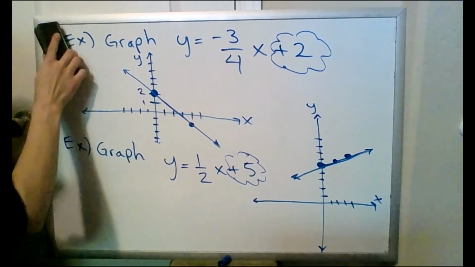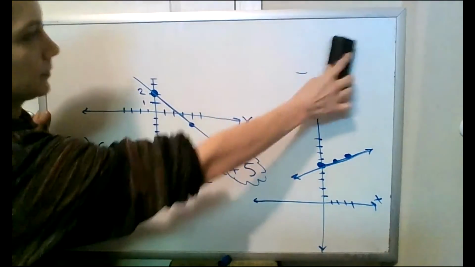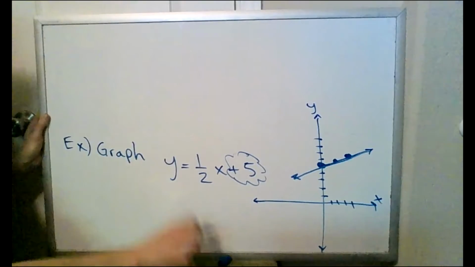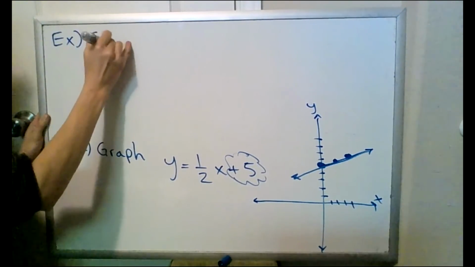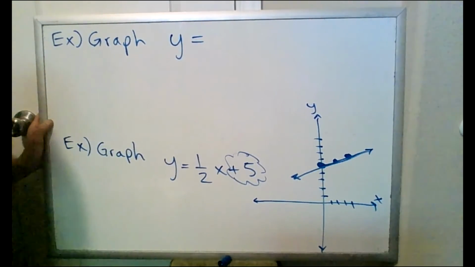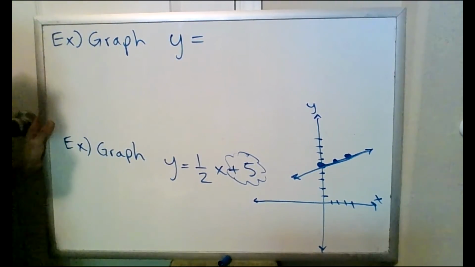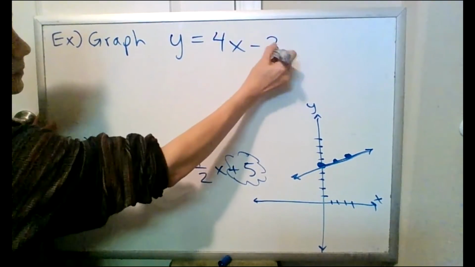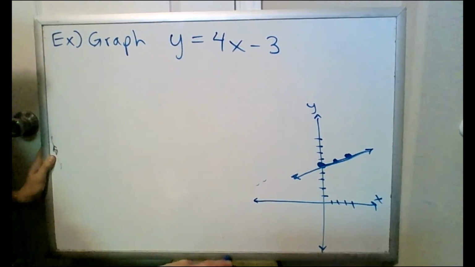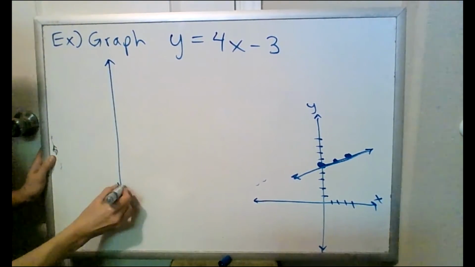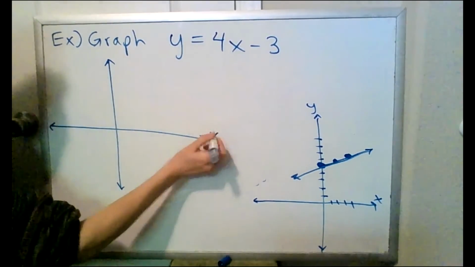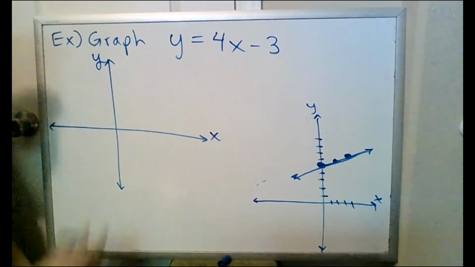One more of these, and then I want to help with quiz number 3. It's y equals 4x minus 3. Let's make some units first.